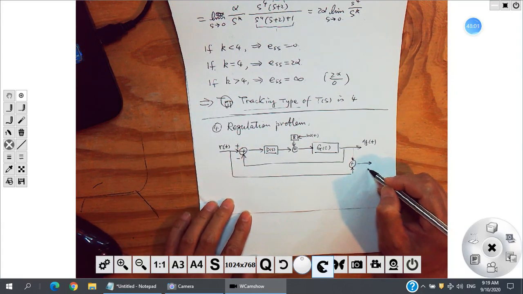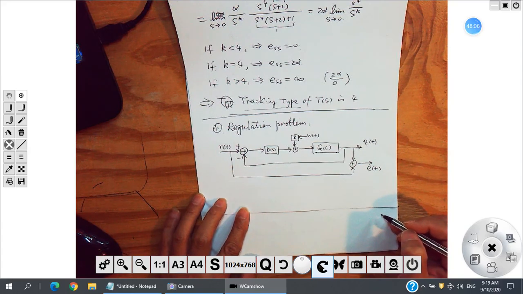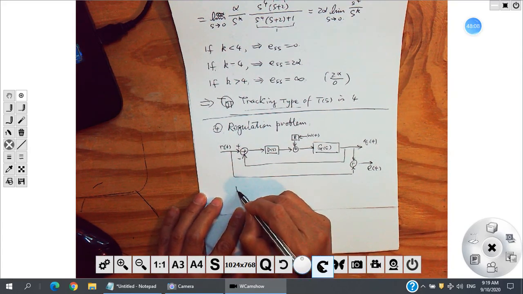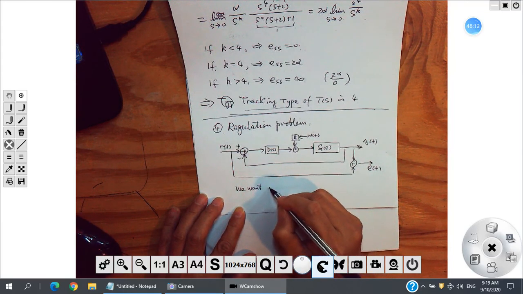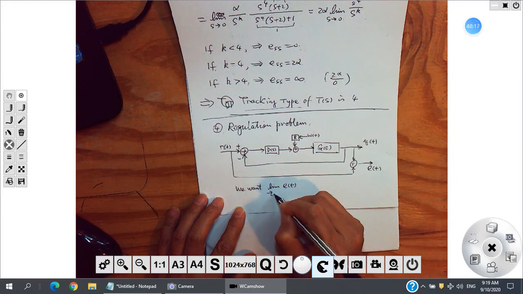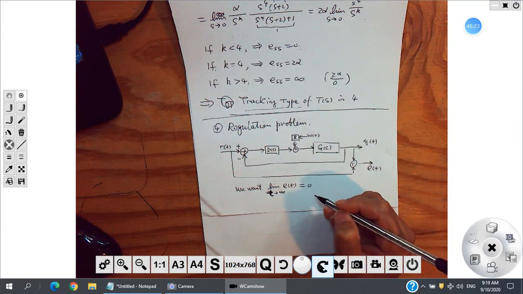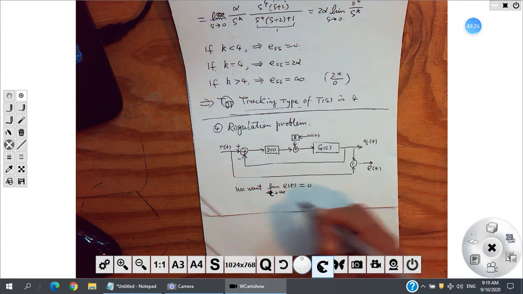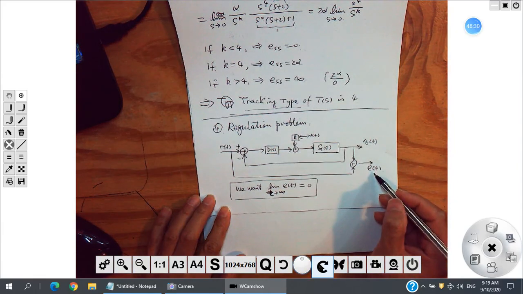I call this also E of t. We want the limit of E of t as t goes to infinity to be 0. This is what we want. We want this error to be small. That will be good.